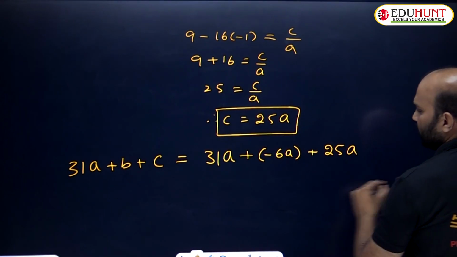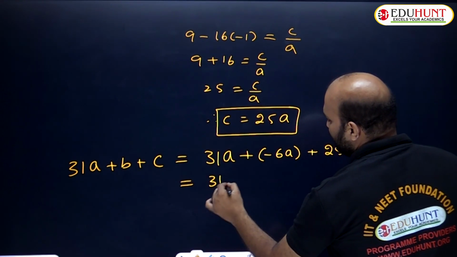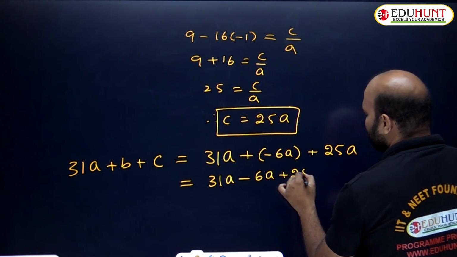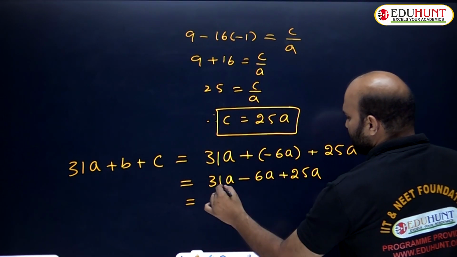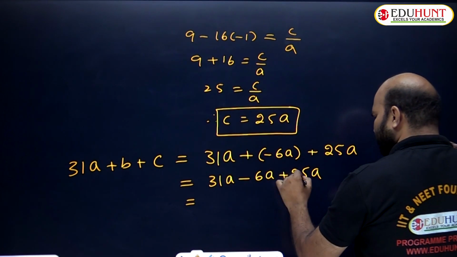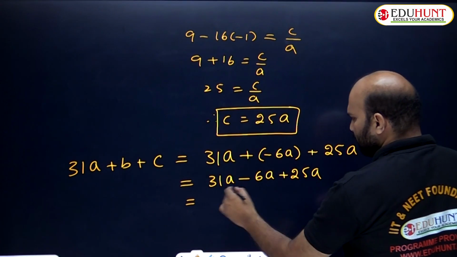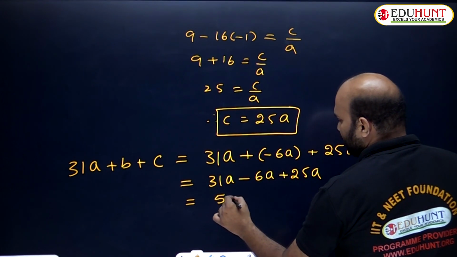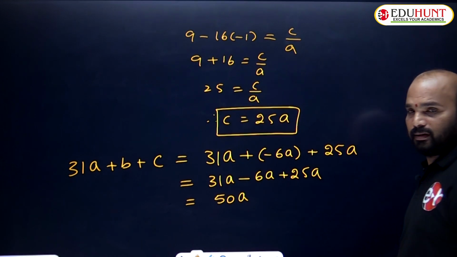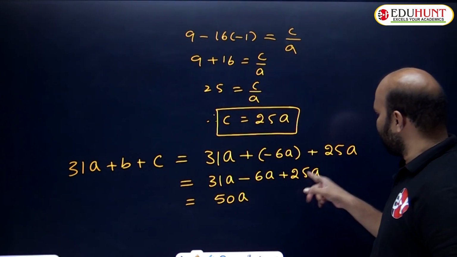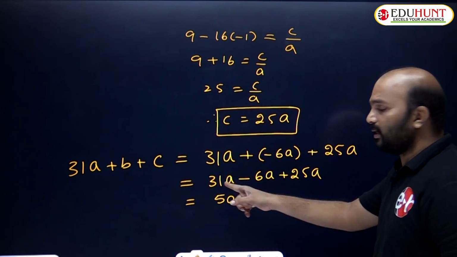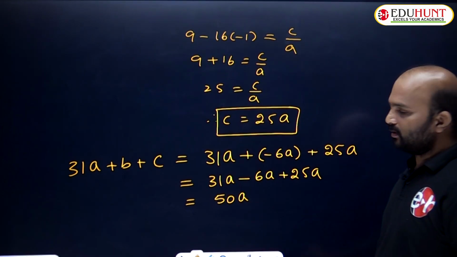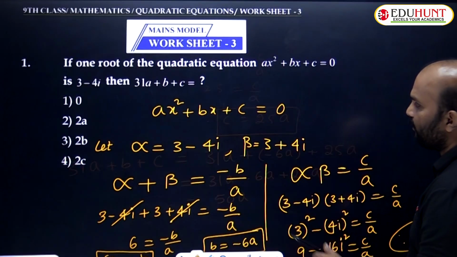It can be written as 31a minus 6a plus 25a. The positive values, 31a plus 25a, total 56a, minus 6a gives 50a. Am I clear? That is the total value.